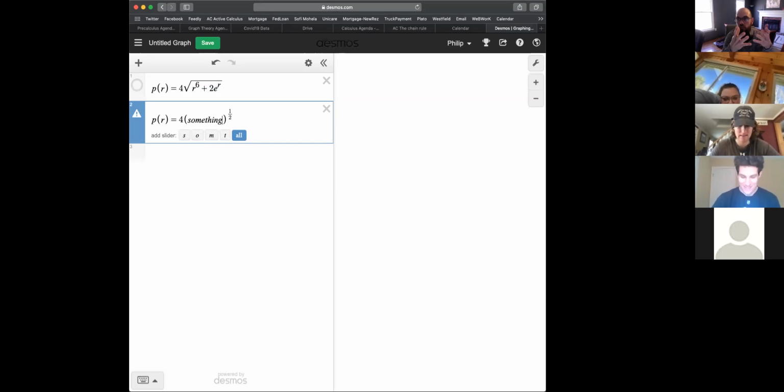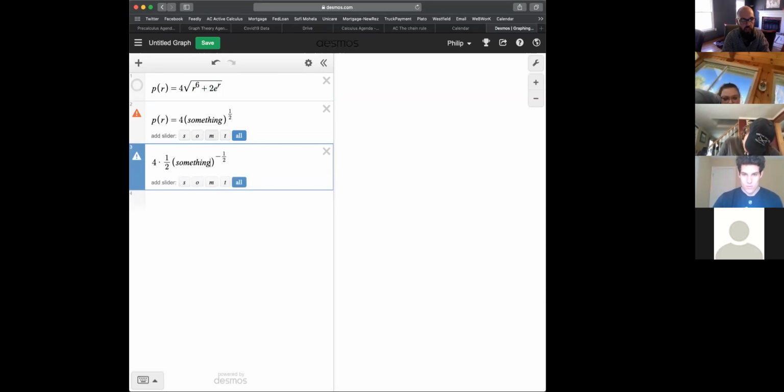When I take this derivative, the 4 comes down for free, and I'm going to have 1/2 times whatever this is raised to the negative 1/2. As I'm breaking it down in my mind, this is the way that I'm thinking about it.